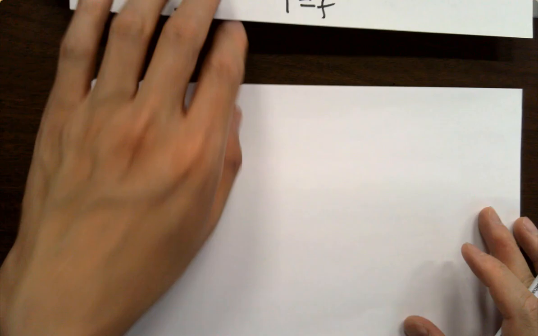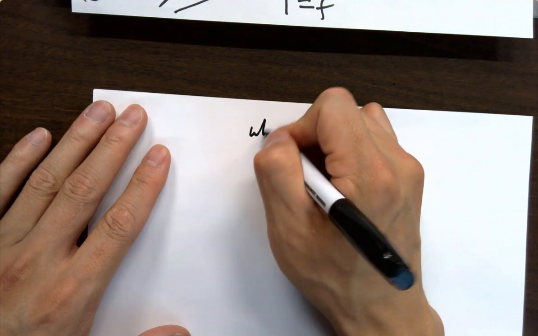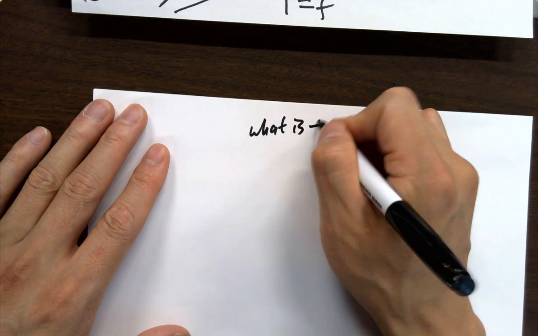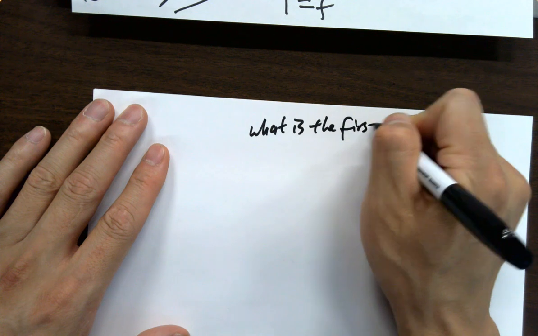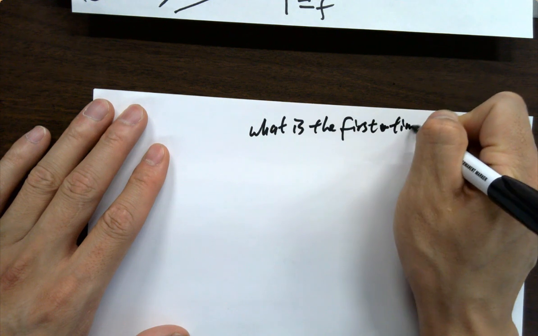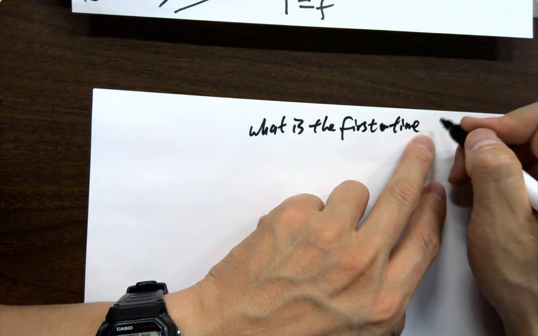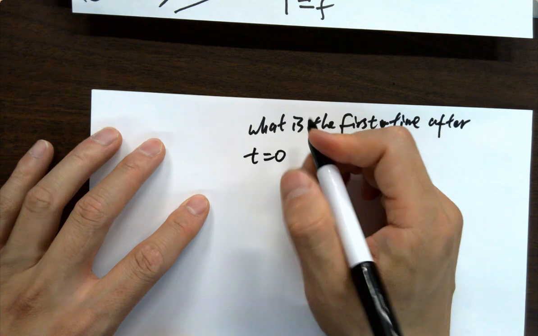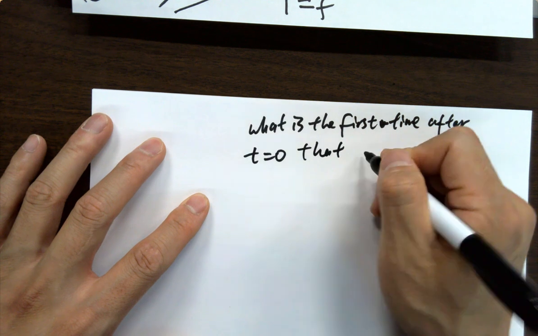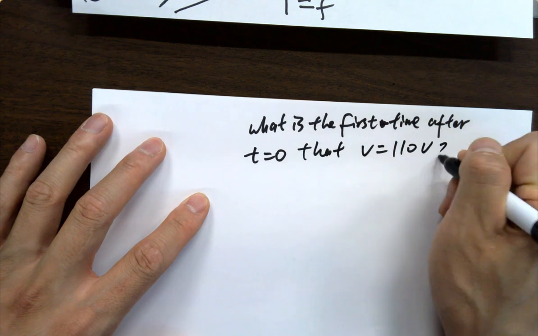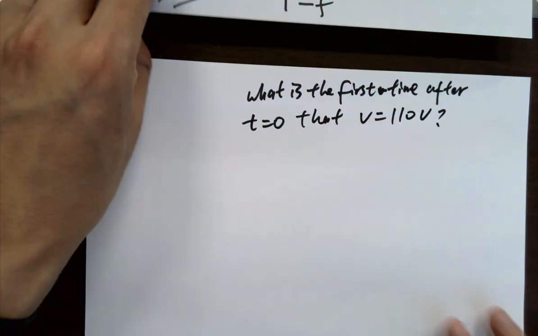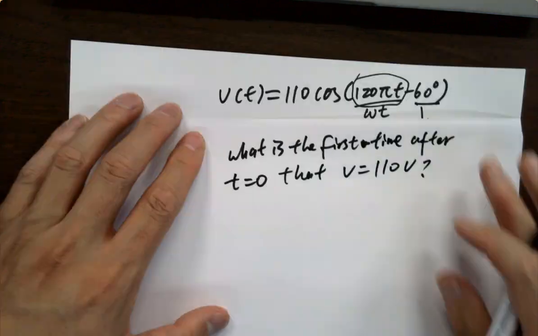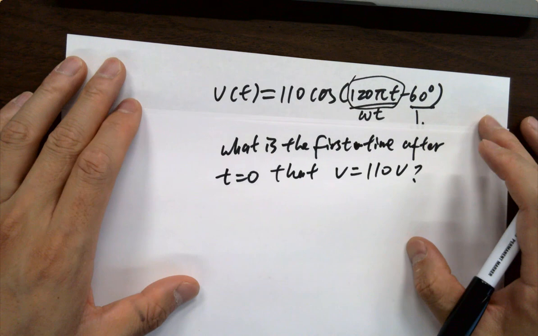So what's the first time after t0 that V equals 110 volts? After 2 seconds.